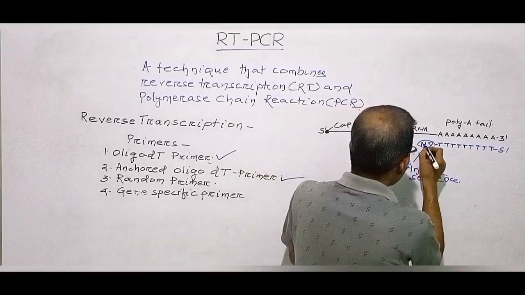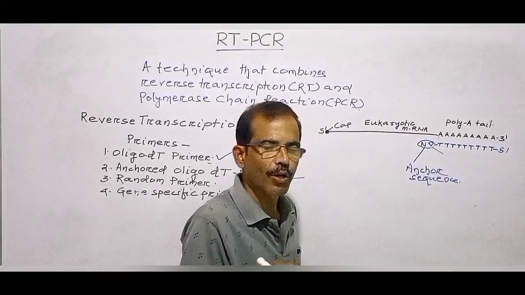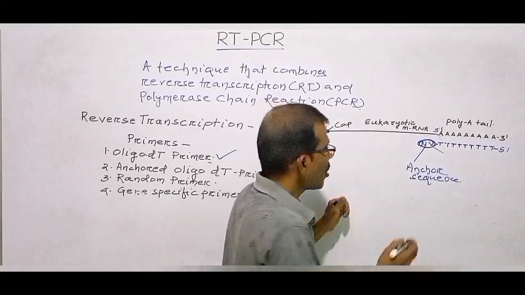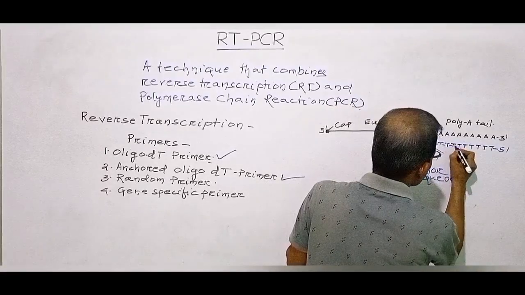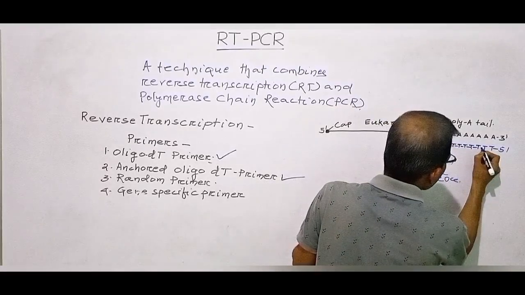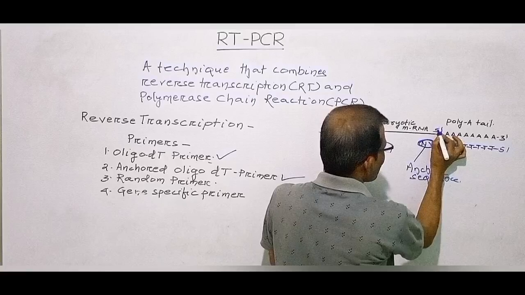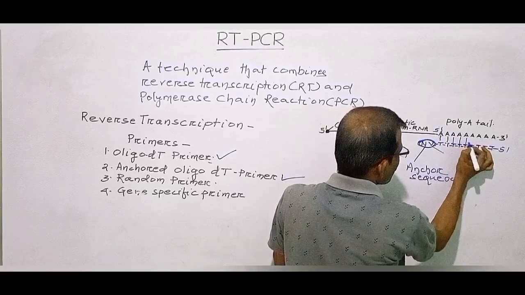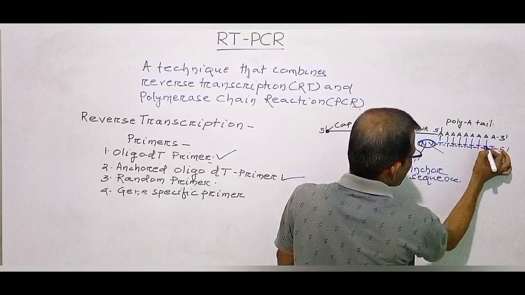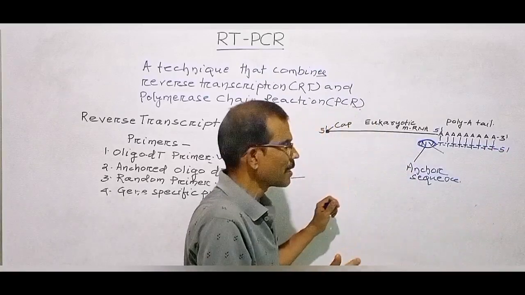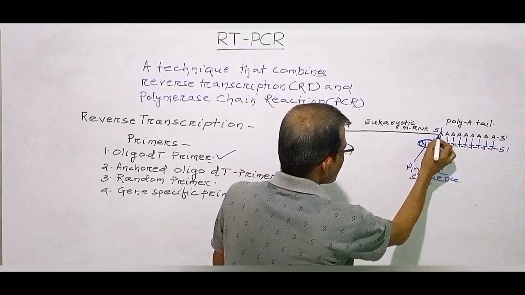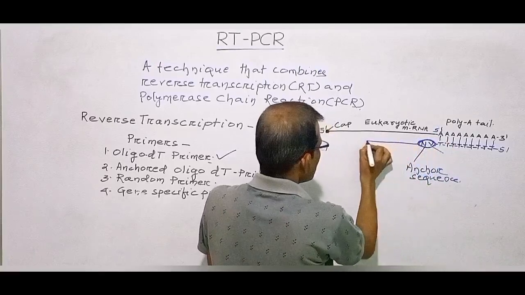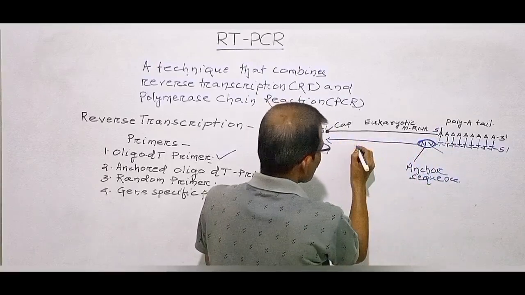On the other hand, N can be any one of the four deoxynucleotides. The presence of the anchor sequence ensures the binding of the primer to the 5' end of the poly-A tail. It also prevents internal priming and ensures the reverse transcription of the entire mRNA into cDNA.